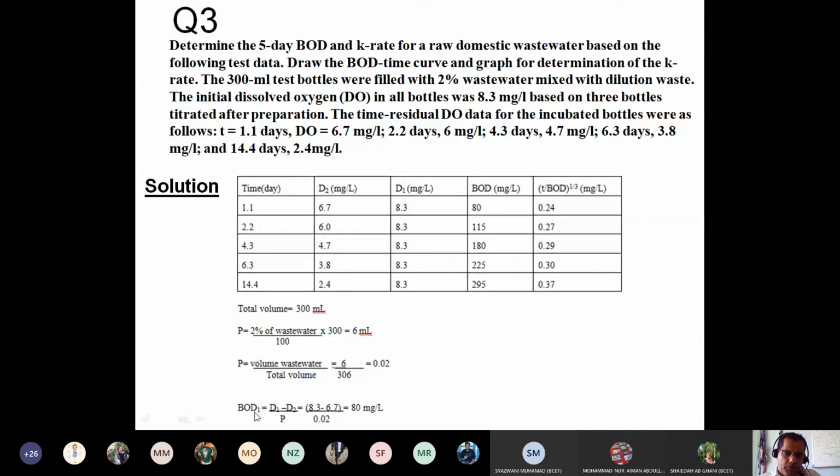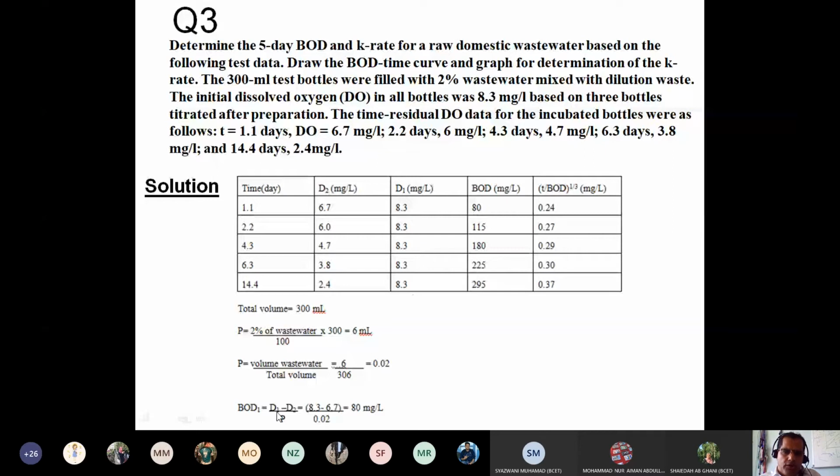To calculate BOD1 for the first day, we go D1 minus D2 divided by P. This is your P. So you will get 80 milligram per liter.